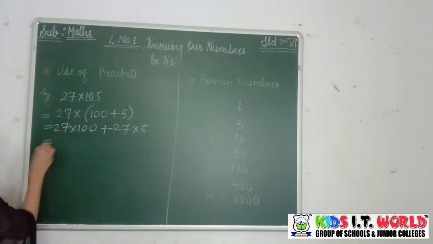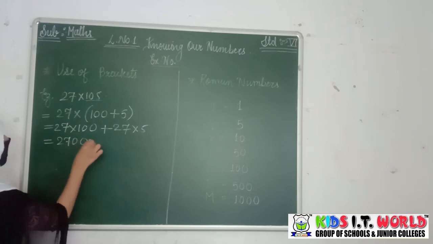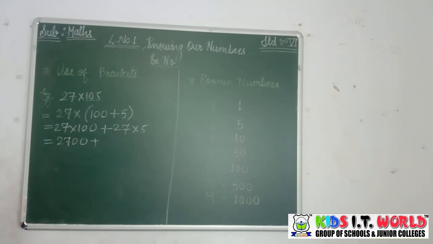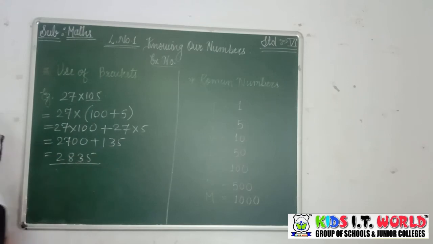In this way 27 into 100 will be 2700. 27 into 5 will be 135. So add 2700 and 135, so you will get 2835. In this way, if two values are given to you and in the question they have told you that you have to use the bracket to find the answer, then first of all you have to expand the large number and do the operation in the correct way.